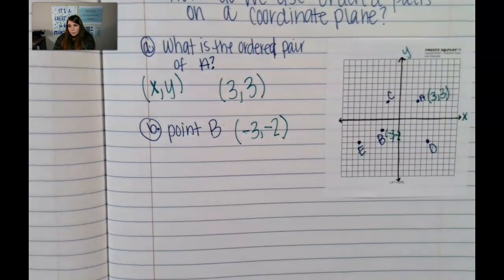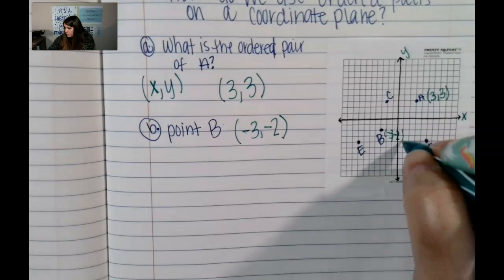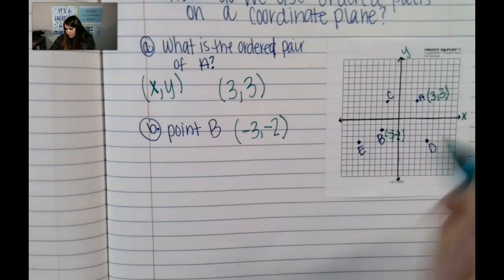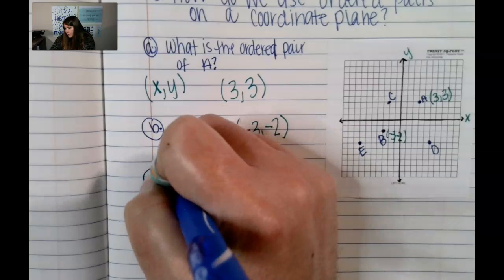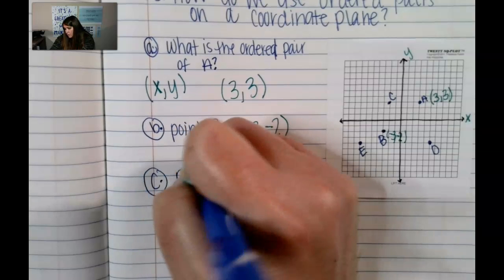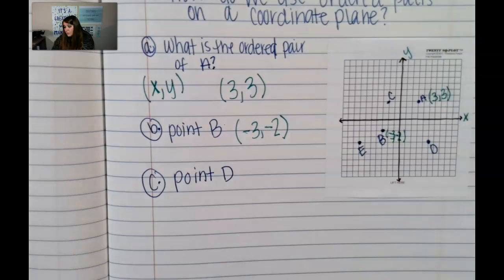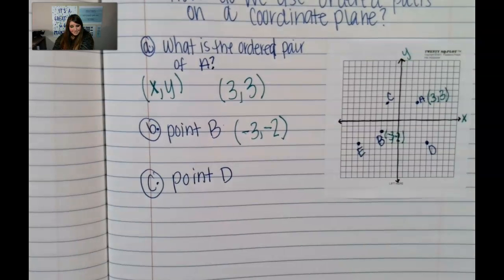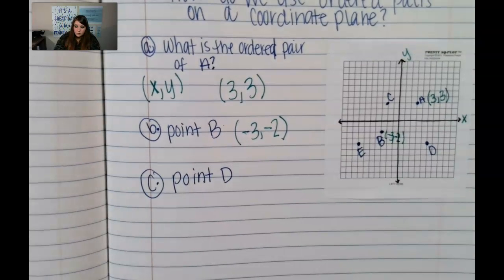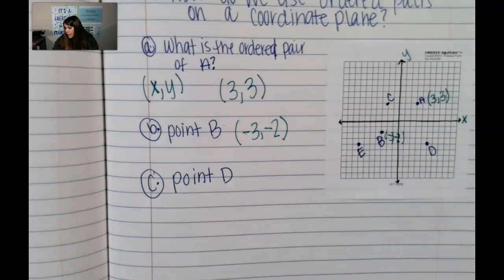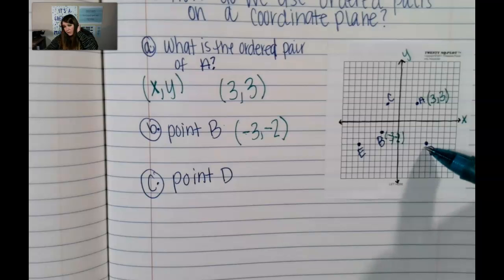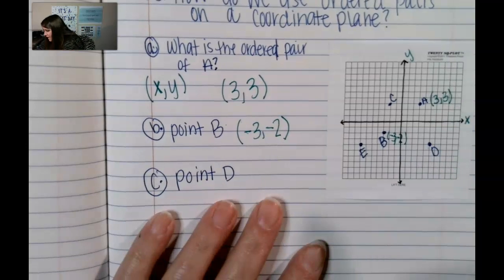Okay, so letter C wants to know what is the ordered pair for point D. So again, we're going to start at 0, 0. And I see D is down here in quadrant 4. So I'm going to go over on the X-axis.